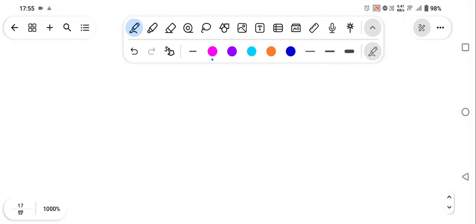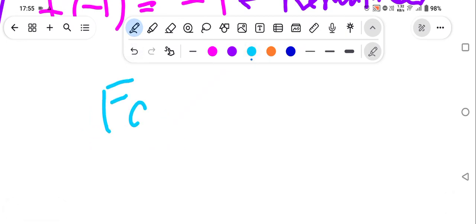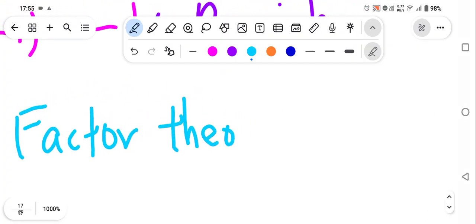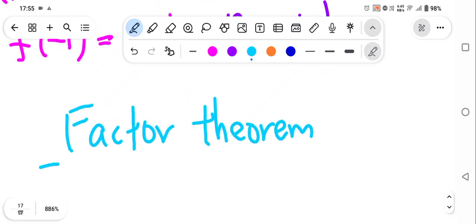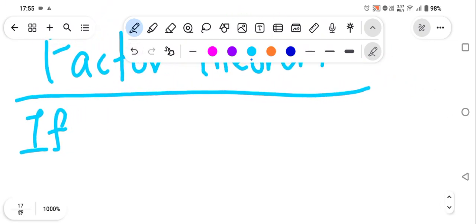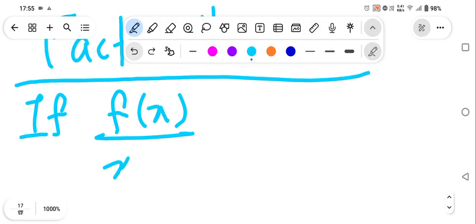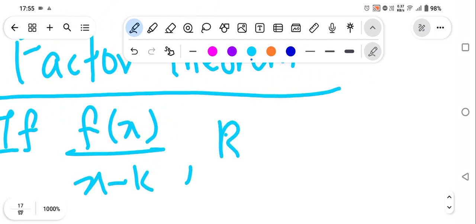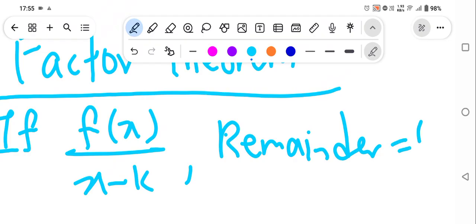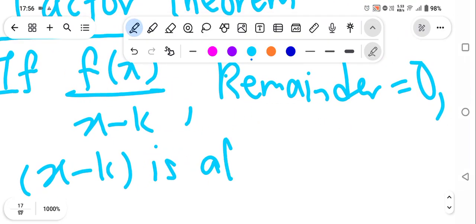And what about the factor theorem? It states that if you divide f(x) by x minus k, and the remainder is 0, then x minus k is a factor.